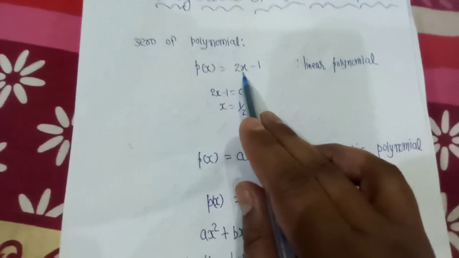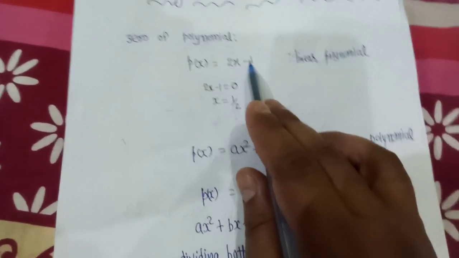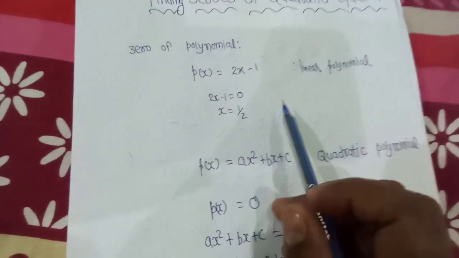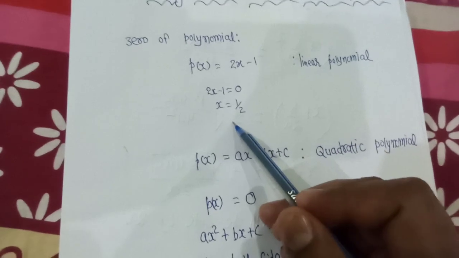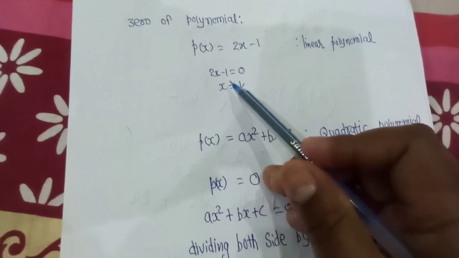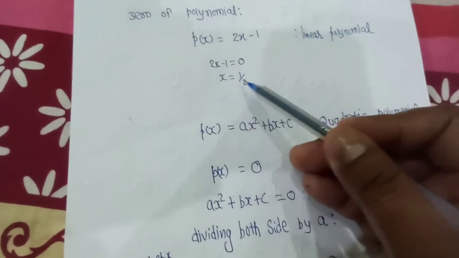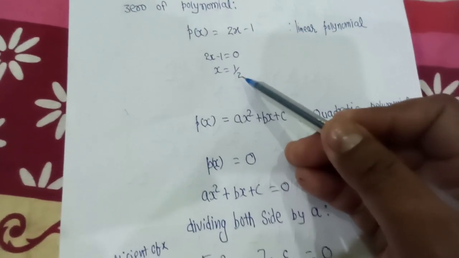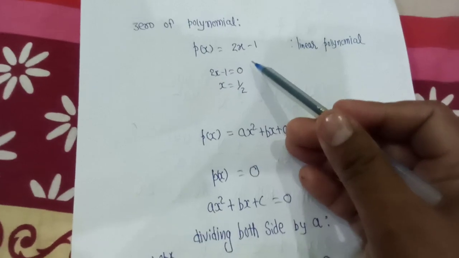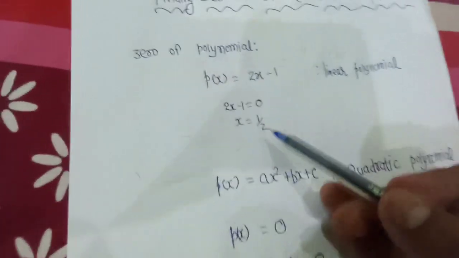If you put x equals to half, this will be 0, but we cannot always find the zero by guessing. So we simply equate this polynomial to 0 and then find the value of the variable. This value of the variable is the zero of the polynomial.